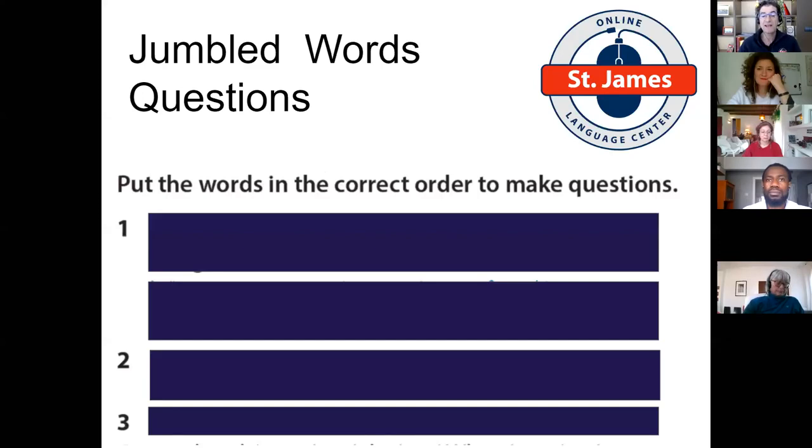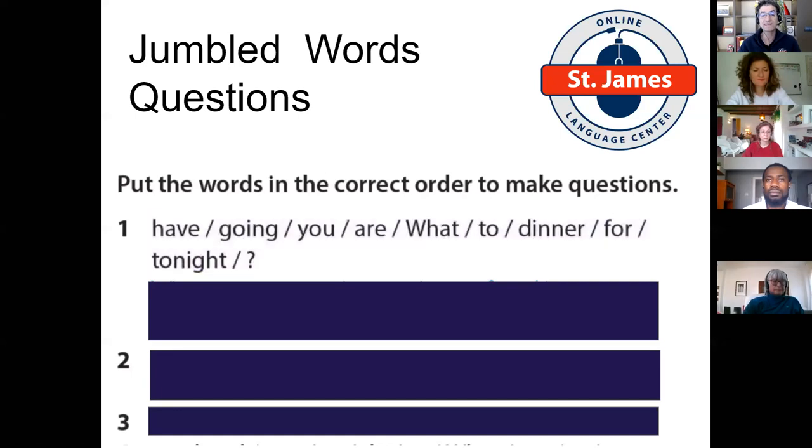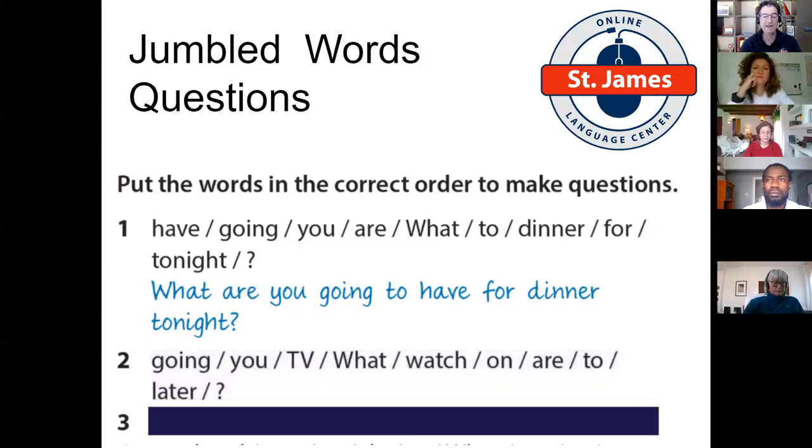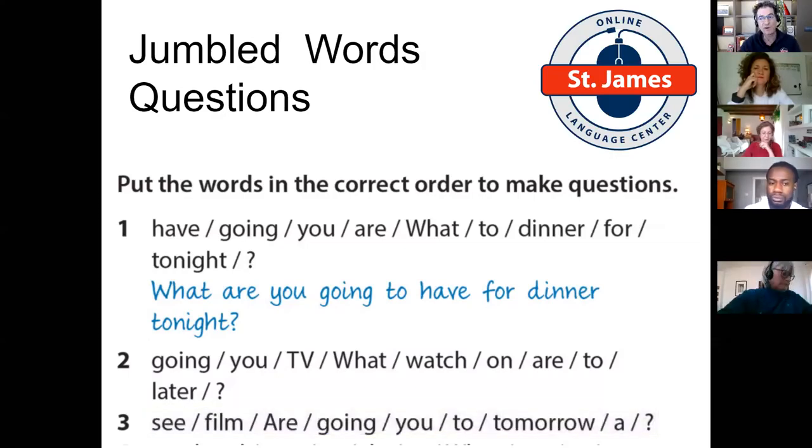It's similar. They had to put the words in order, but I did it online like this. They had to make the question, and then they had to ask another student, one at a time. And then we would discuss that. And then, okay, what's the question? They would write the question in their notebook, and then they would ask each other twice or three times, 2 or 3 students, and then we would do another question.